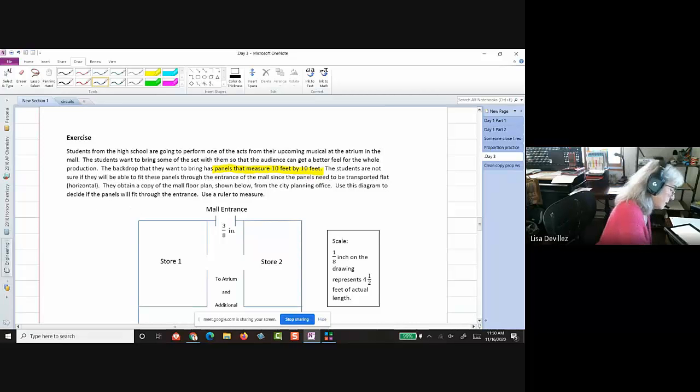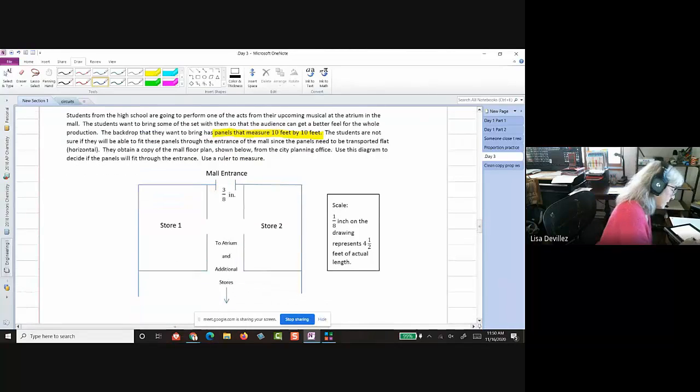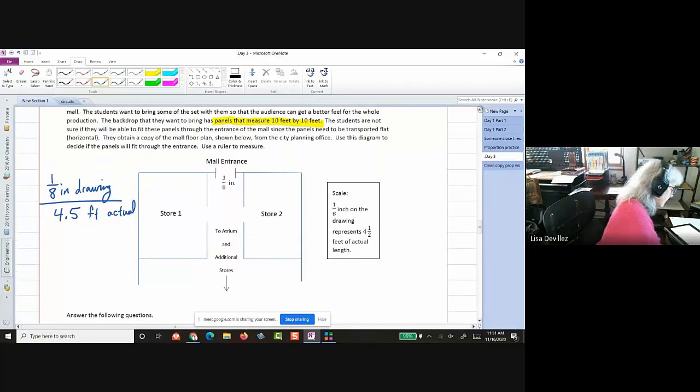Okay, so looking at our drawing here, it says our scale is that 1/8 inch on the drawing represents 4.5 feet in the actual mall. All right, so we want to see if it's gonna fit through the door, and the panels measure 10 feet by 10 feet.